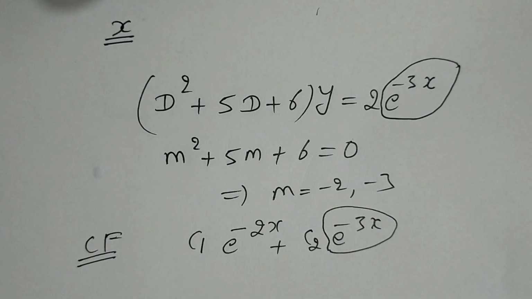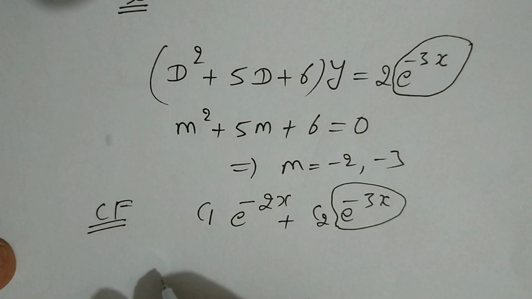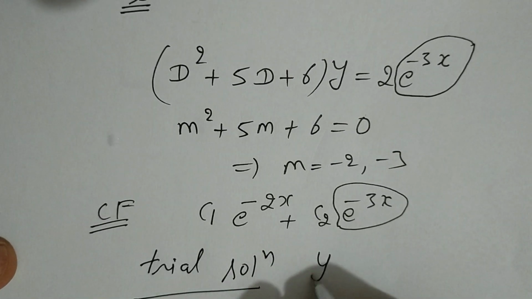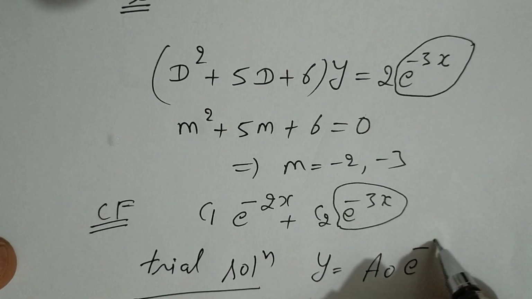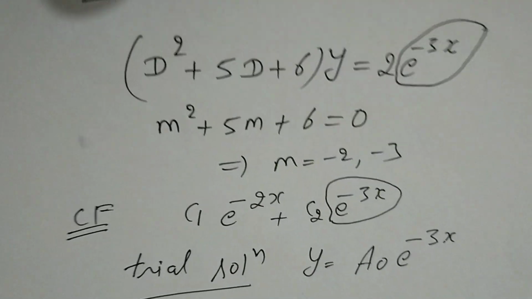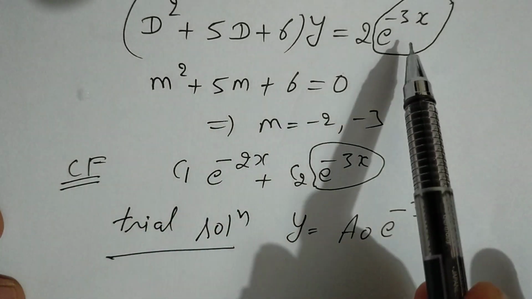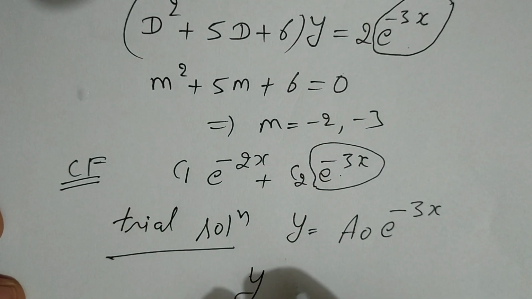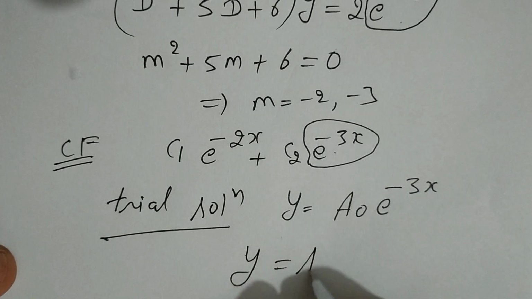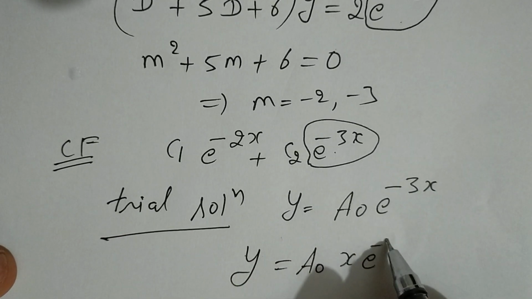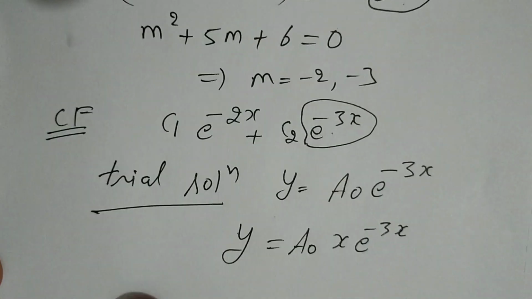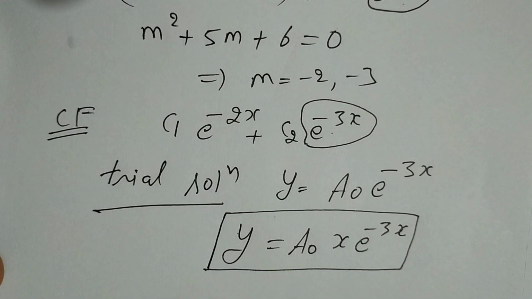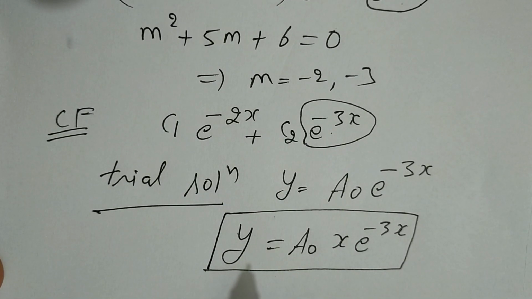If you write the trial solution as usual, y equal to a0 exponential minus 3x. This we know, but since the non-homogeneous part is matching with the complementary function, we need to modify the trial solution. y will be a0 x exponential minus 3x. So this is your modified trial solution when the non-homogeneous part is matching with the complementary function.